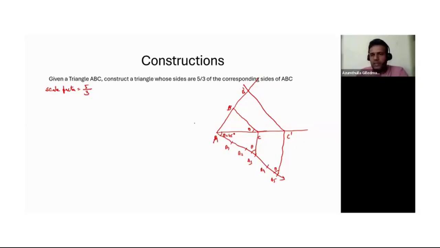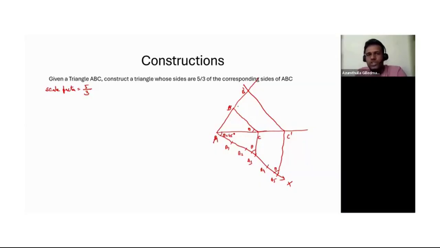For the base, which is AC here, I draw a line which is 5 portions, when this line is 3 portions. I wanted to draw a line which is 5 portions of that. So for line AC, I extended and then drew a line AX with an acute angle of 45 degrees, and then divided that line into 5 parts, A1A2, A2A3, A3A4 and A4A5, each part equal to 2 centimeters.